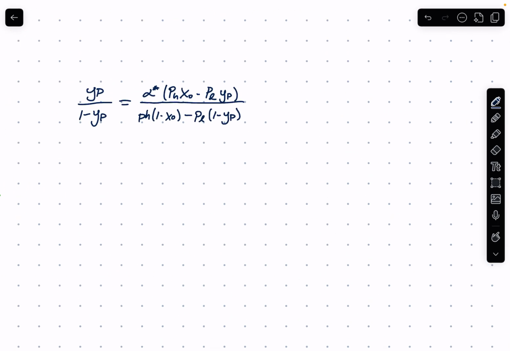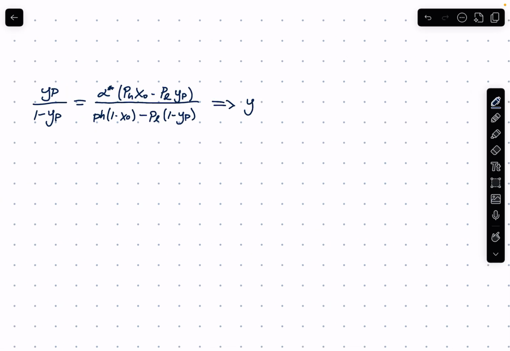When we multiply through by this denominator, this becomes a quadratic, which has the form of yP equals minus b plus or minus the square root of b squared minus 4ac, all over 2a.